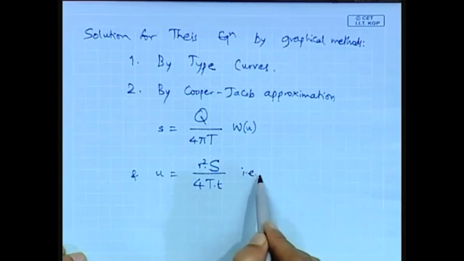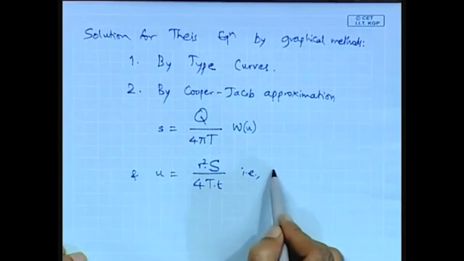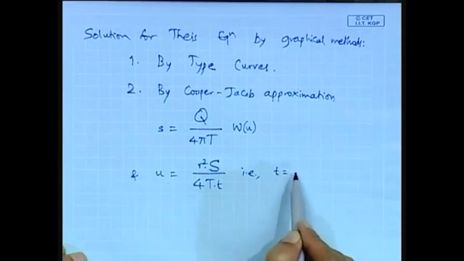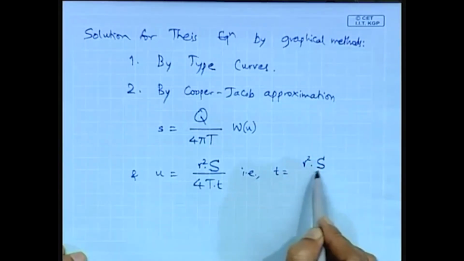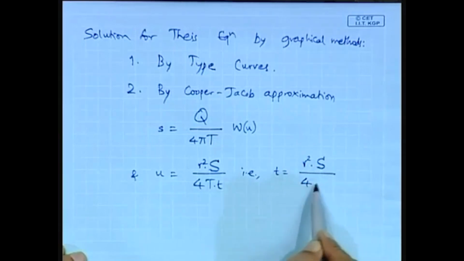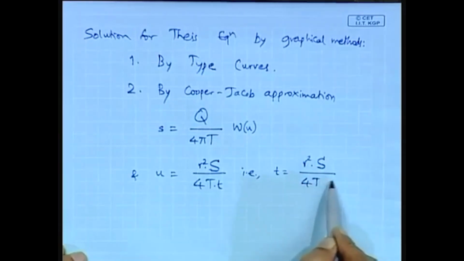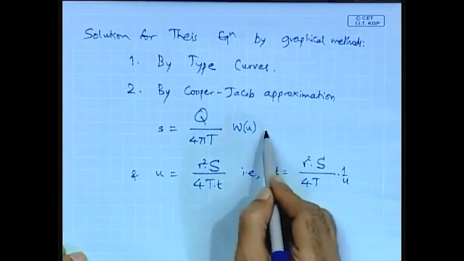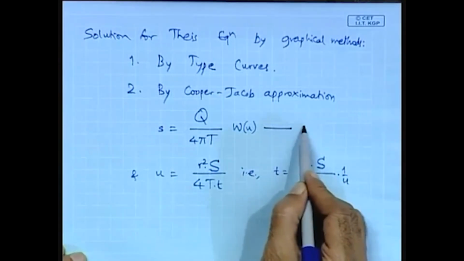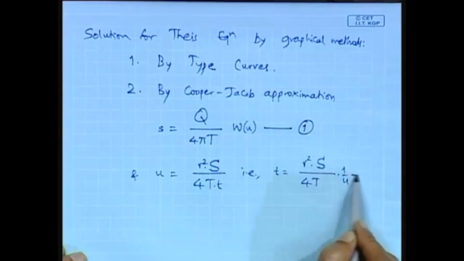So, we can write this down as t is equal to r square s divided by 4 T into 1 by u. Let us denote this as equation 1 and this as equation 2.